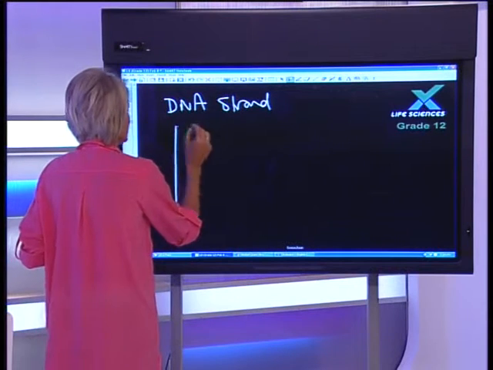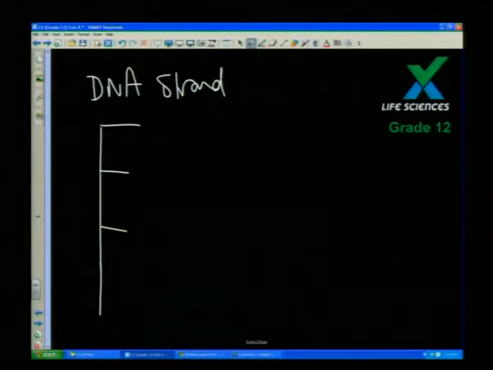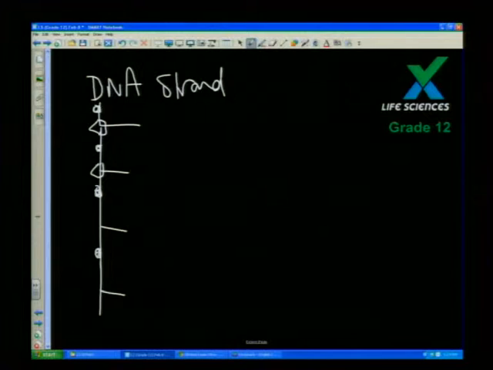So now we're going to make a DNA strand. So let's do that, okay? And remember, you're going to have your phosphate backbone and your pentose sugar, and attached to your pentose sugar, which is your deoxyribose sugar, you are going to find a set of letters.